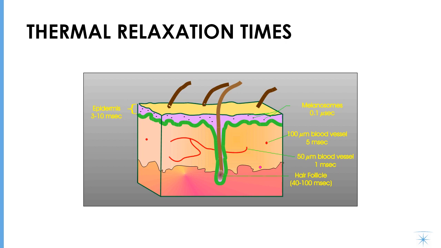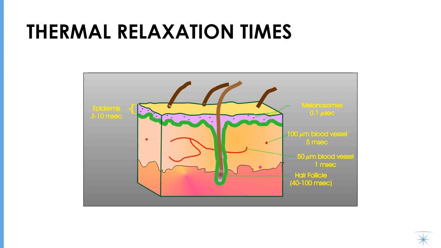If we look here, we are going to see that the same chromophore, according to the size, might have different thermal relaxation time. So the epidermal melanin, because it's a small structure, its thermal relaxation time is ranging between 3 to 10 milliseconds, whereas for the hair follicle it's 40 to 100 milliseconds. So this is very important to observe.